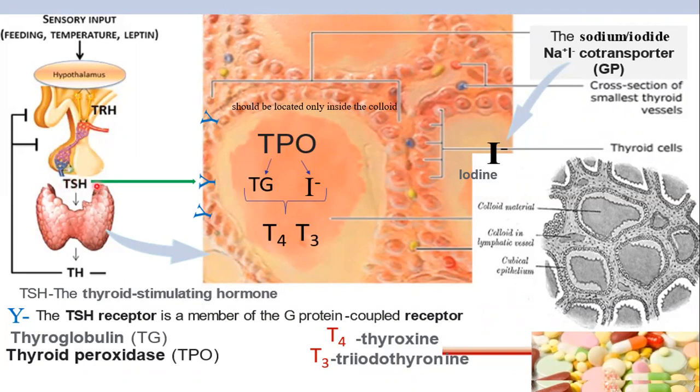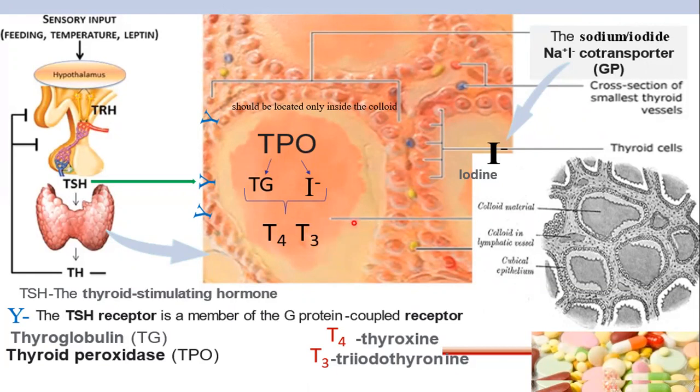The anterior pituitary produces thyroid stimulating hormone, and thyroid stimulating hormone will act on thyroid stimulating hormone receptors, and as a result, thyroid peroxidase, a special enzyme, splits thyroglobulin into tyrosine, and from tyrosine and iodine synthesizes tetraiodothyronine, or T4, thyroxine, and triiodothyronine, or T3.